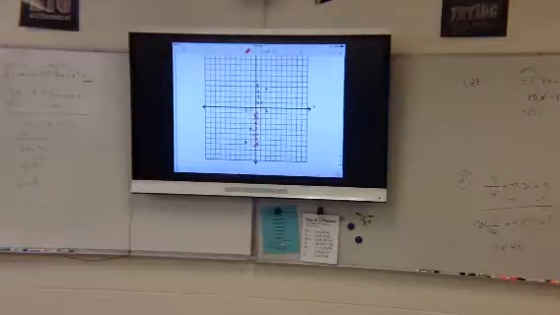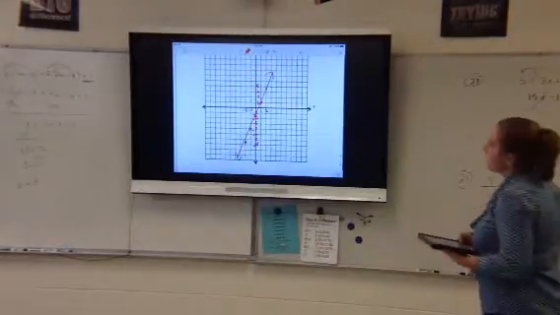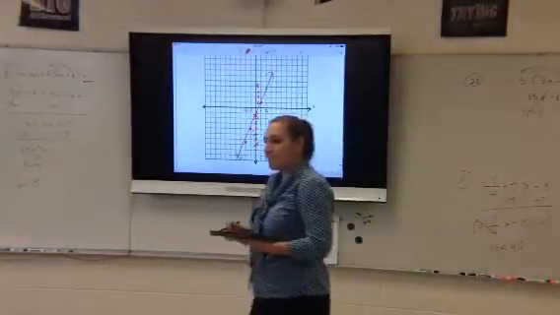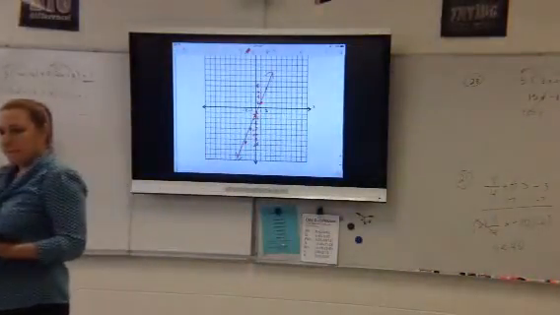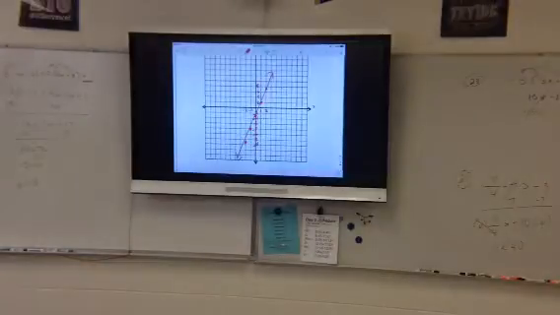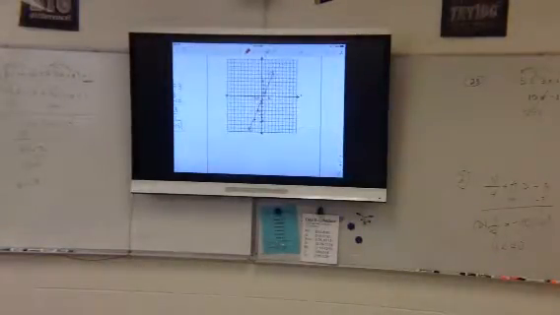Okay, and like I said, draw a line. Since this is a line, what do we call it? Linear, very good. So this would be linear.